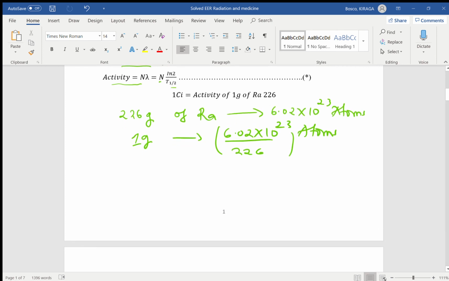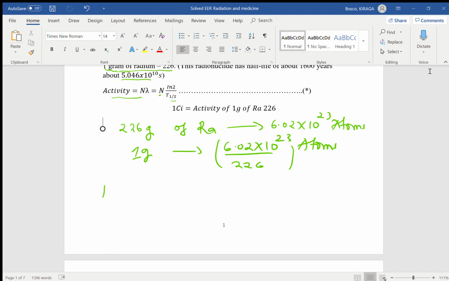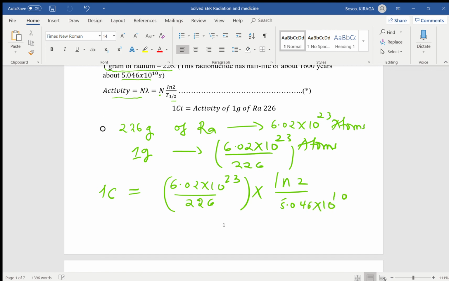Therefore, we can now calculate that 1 Curie, which is the same as the activity for 1 gram of radium-226, is going to be the number of atoms, 6.02 times 10 to the power 23 divided by 226, multiplied by ln2 divided by the half-life, which is 5.046 times 10 to the power 10.